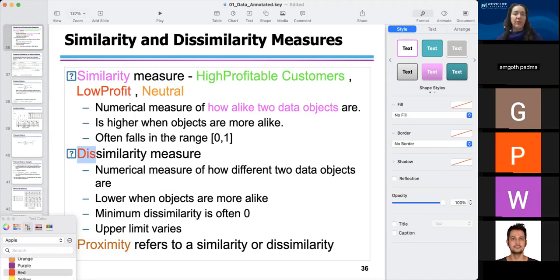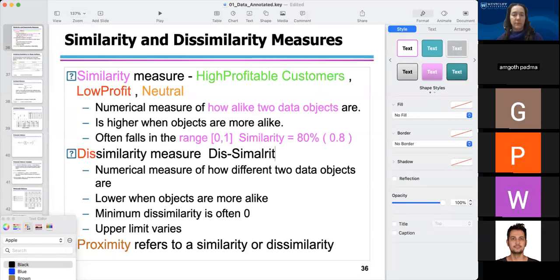So let's say the value that we are measuring is between 0 and 1, and if the similarity is 80%, for example, or 0.8, then the dissimilarity would be 20% or 0.2.